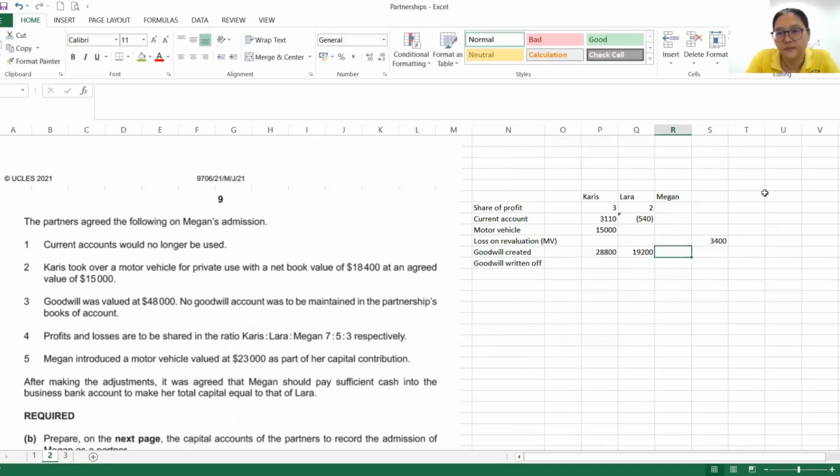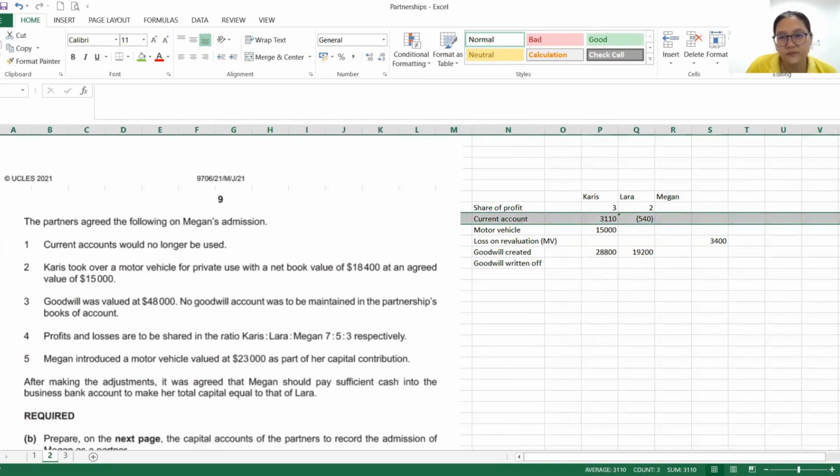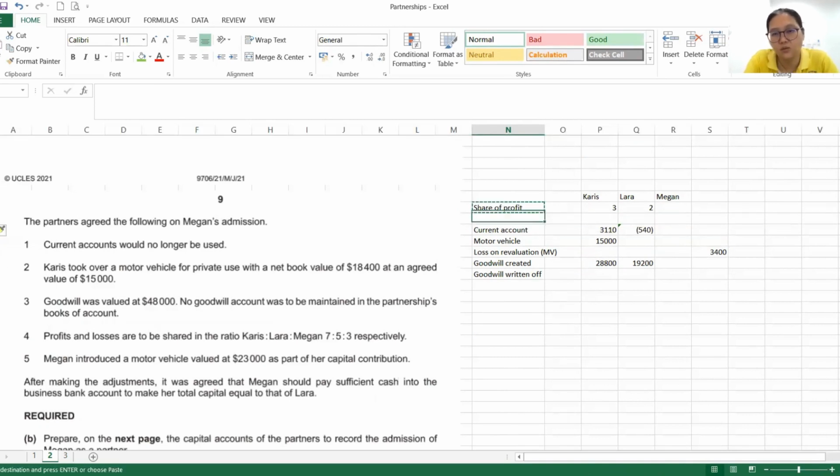The goodwill written off uses the new ratio, which is 7. So this is the new profit sharing ratio, and this is the old ratio. When we write off, we have to use the new ratio.